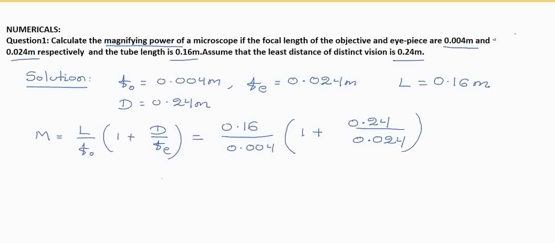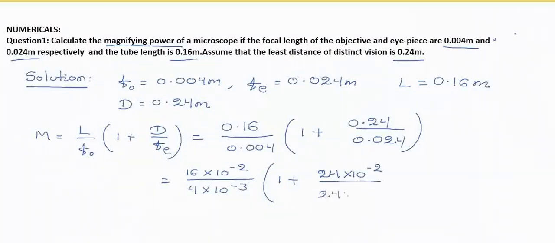We can write this as 16 into 10 to the power minus 2 divided by 4 into 10 to the power minus 3, into 1 plus 24 into 10 to the power minus 2 divided by 24 into 10 to the power minus 3.